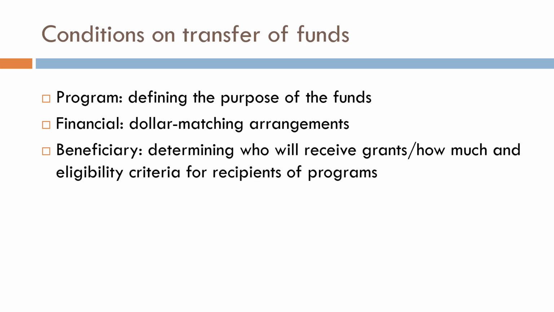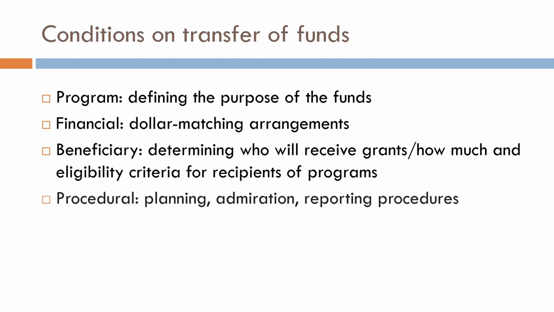Beneficiary conditions are kind of in two different levels. One involves determining who will receive grants and how much in terms of states and local governments, and the other involves eligibility criteria for recipients of the programs. And then lastly, we have procedural conditions, which involve planning, administration, and reporting procedures.